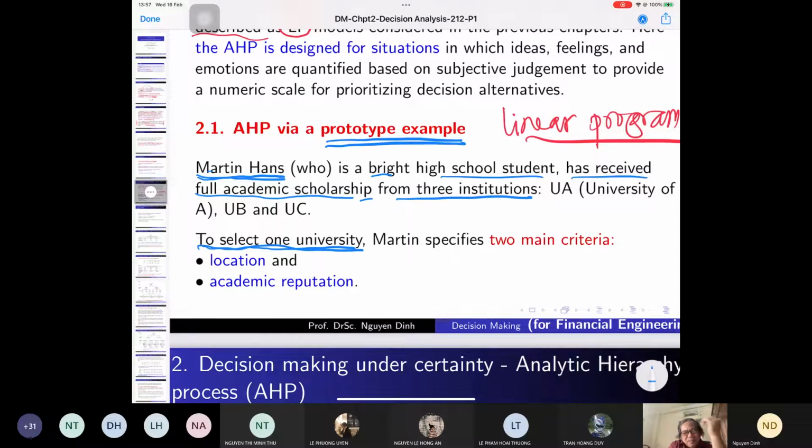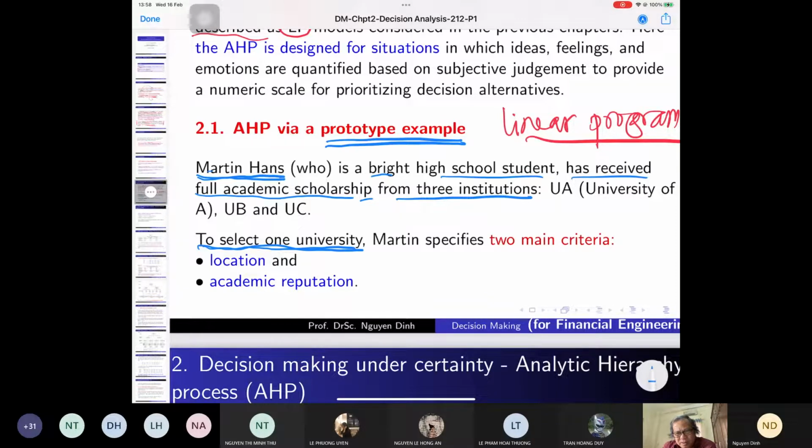For example, some of you may already have had this situation in the university entrance examination.